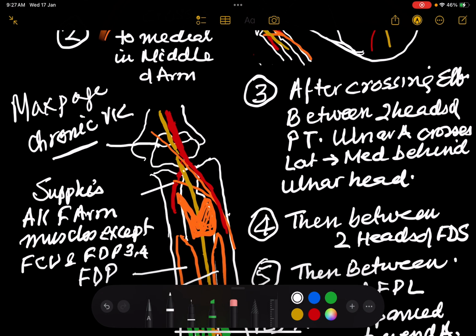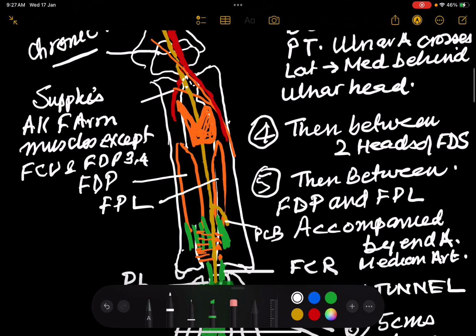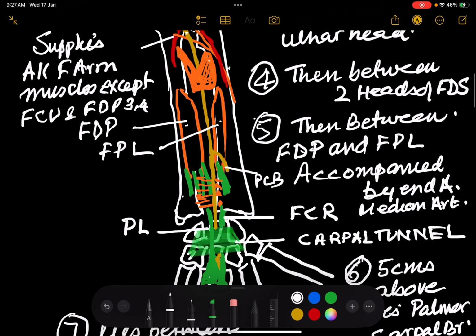Then after passing through the pronator teres, it passes between the two heads of the flexor digitorum superficialis and comes to lie deep to the flexor digitorum superficialis, between the flexor digitorum profundus on the ulnar side and flexor pollicis longus on the lateral side. 5 centimeters above the wrist, it gives a palmar cutaneous branch which supplies the skin over the thenar eminence of the hand.